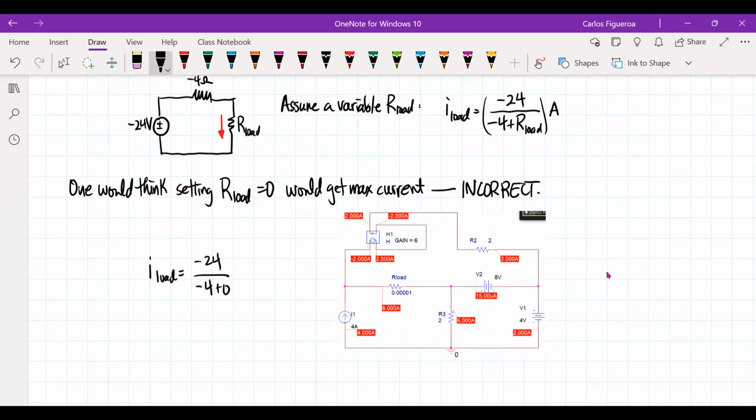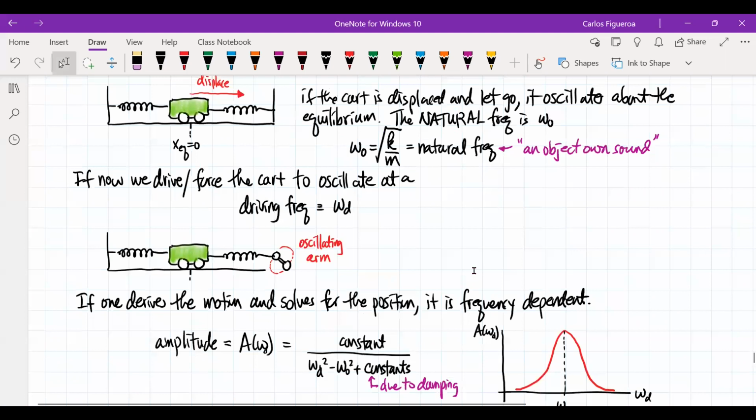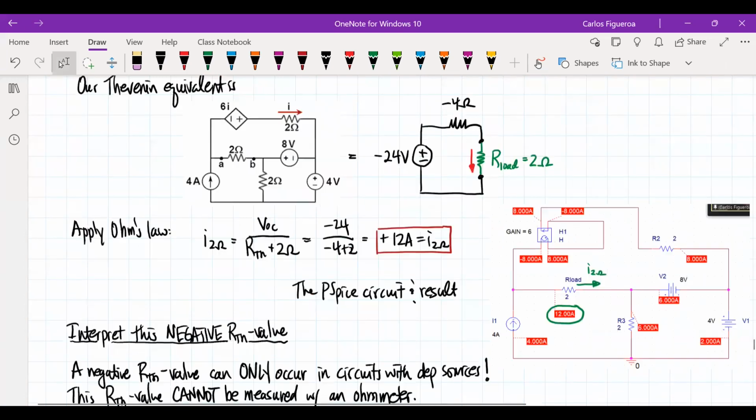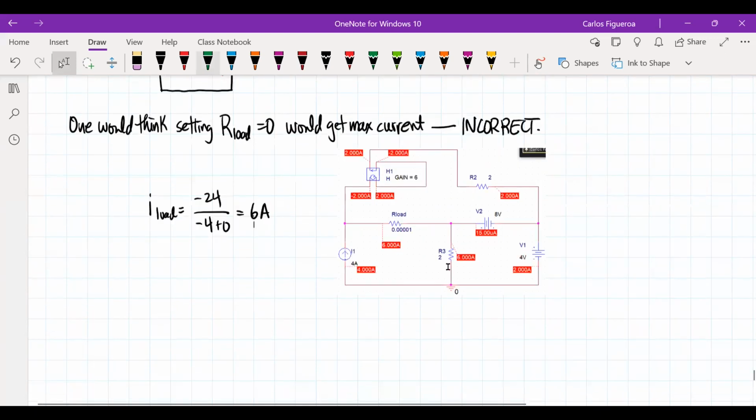And this guy equals 6 amps. And if you remember from what we did earlier, when we did our circuit and we did 2, look how it went to 12. So setting that R equal to 0 is not a correct assumption to think that the load current will be maximum.